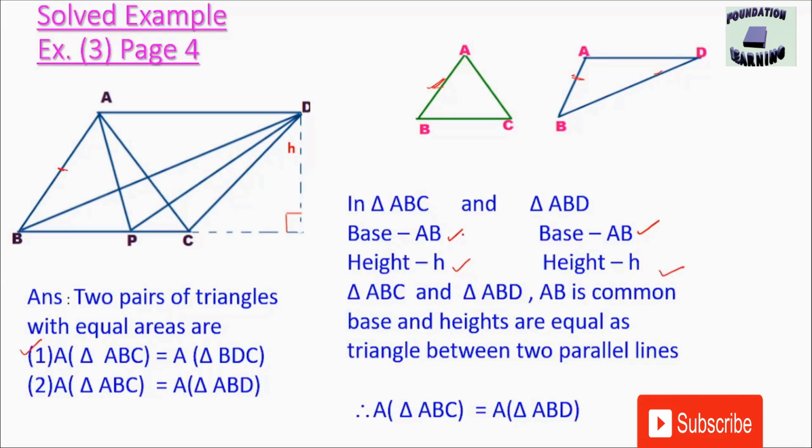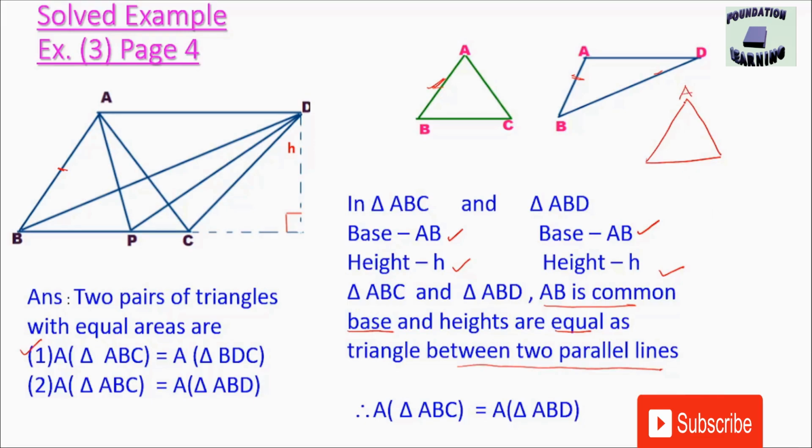Since AB is common in both, that means AB is the common base and the heights are equal, because the triangles are drawn between two parallel lines. Therefore, triangle ABC is equal to triangle ABD. I hope you all have understood. Don't get confused. You can turn around and make AB the base.